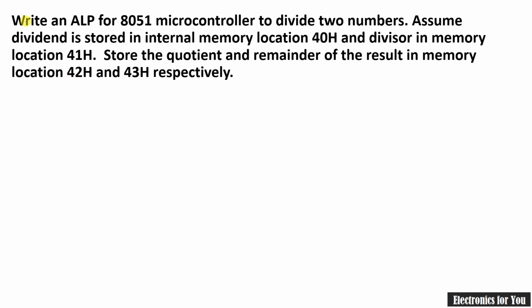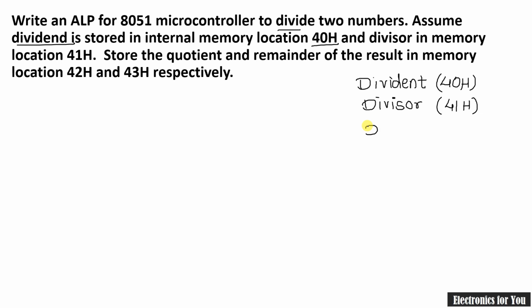Now see the program. Write an ALP for 8051 microcontroller to divide two numbers. Assume the dividend is stored in internal memory location 40H. So we have the dividend here at memory location 40H, and we have the divisor in memory location 41H, and we have to perform the division operation here using the instruction DIV AB.